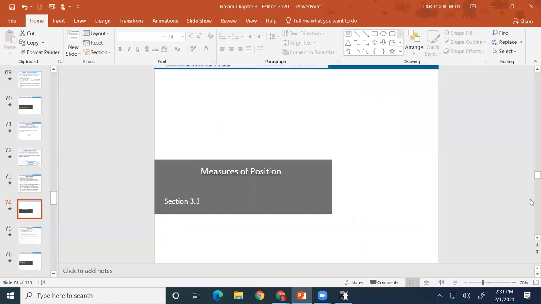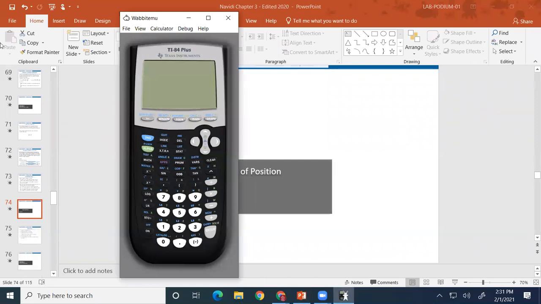All right, so here's the important stuff, measures of position. And the calculator, as I had said, for any data set, you get all of these things for free with this calculator.